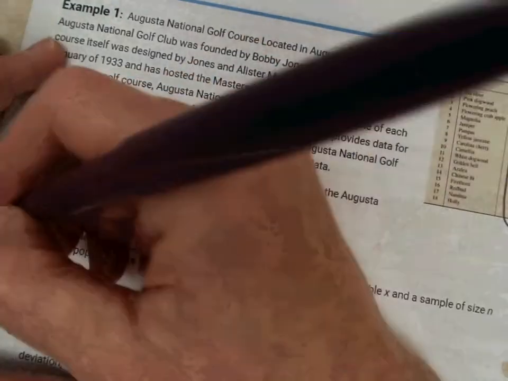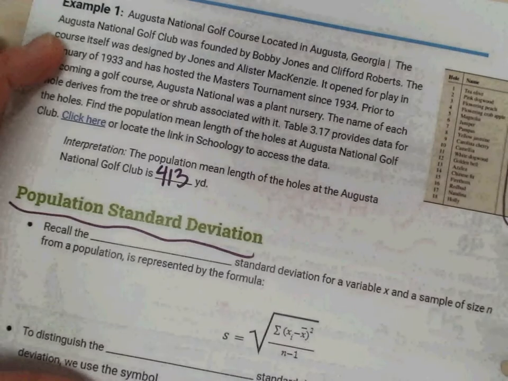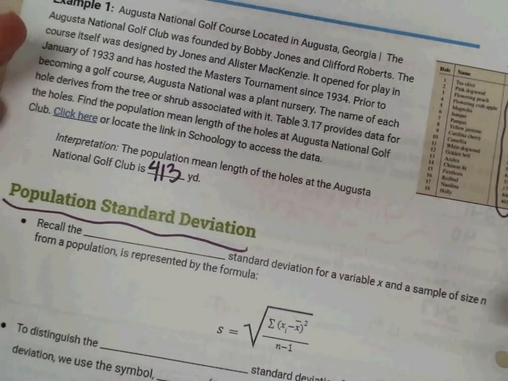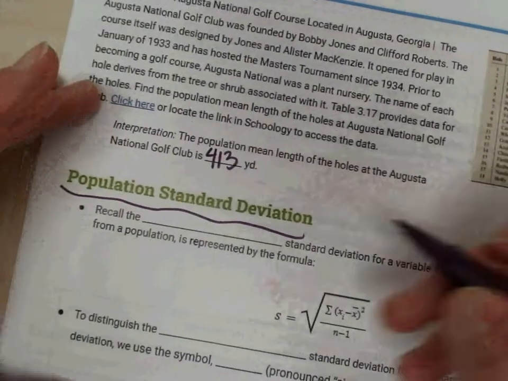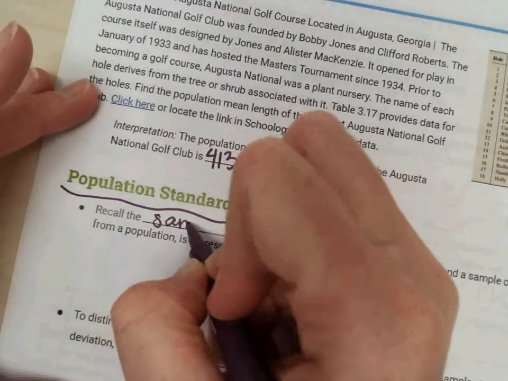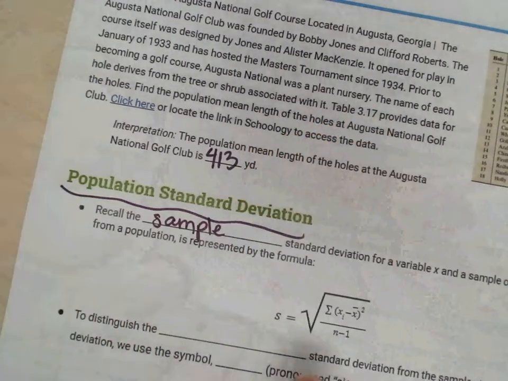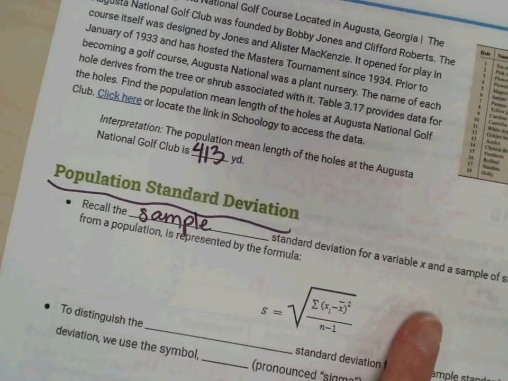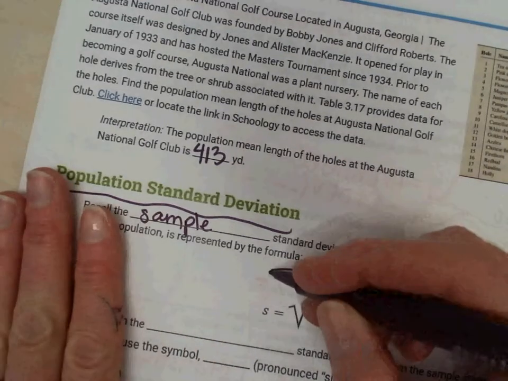Recall, now we're moving on to population standard deviation. We just talked about population mean. It's the same calculation. With population standard deviation, recall, first of all, the sample standard deviation for variable x and a sample of size n for population is represented by this formula.